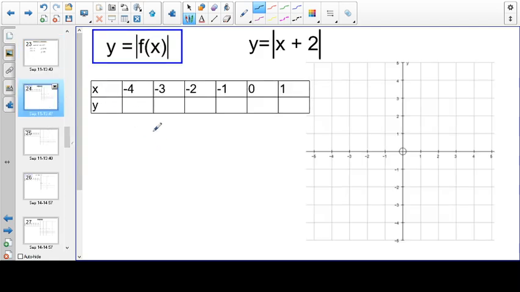So the first two examples we're going to look at are of the form y equals modulus of the whole function. In terms of algebra, you might write it like that, or you could use function notation and you might see it written like that.